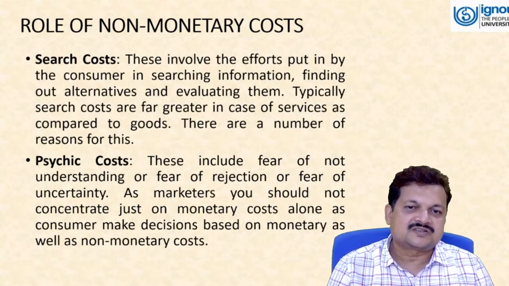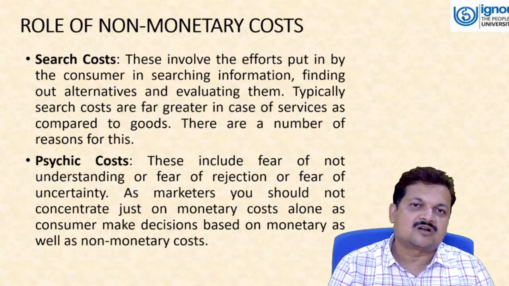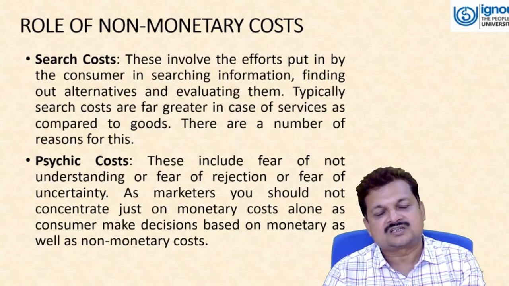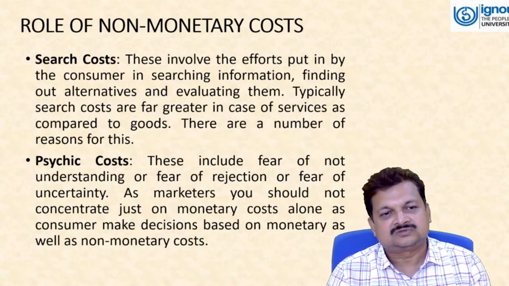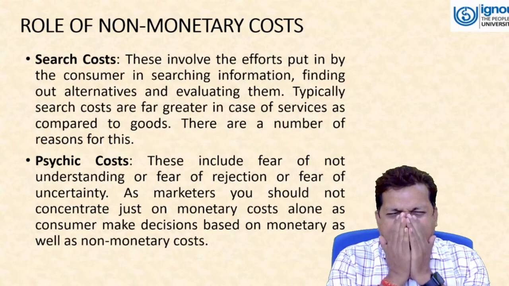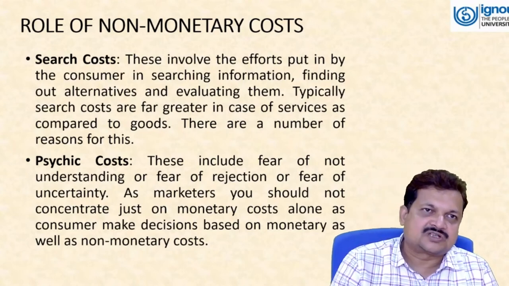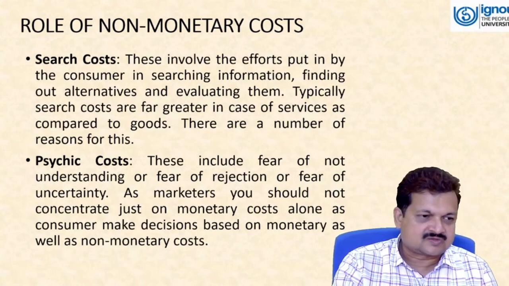In such cases you are in deep trouble about whether you should continue with that, whether it will be converted or not, or if it is a waiting list number 1, 2, 3, whether the waiting list will later be confirmed or not. That is a kind of psychic cost and uncertainty cost associated with it. So that is also creating a problem for the customers.